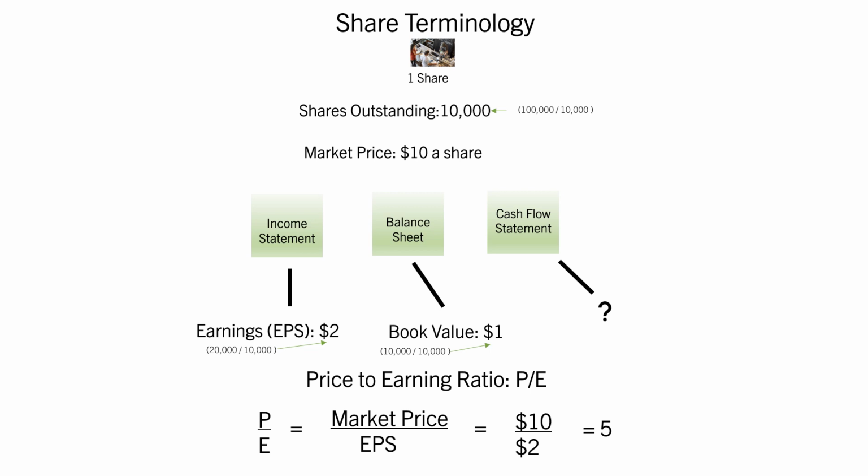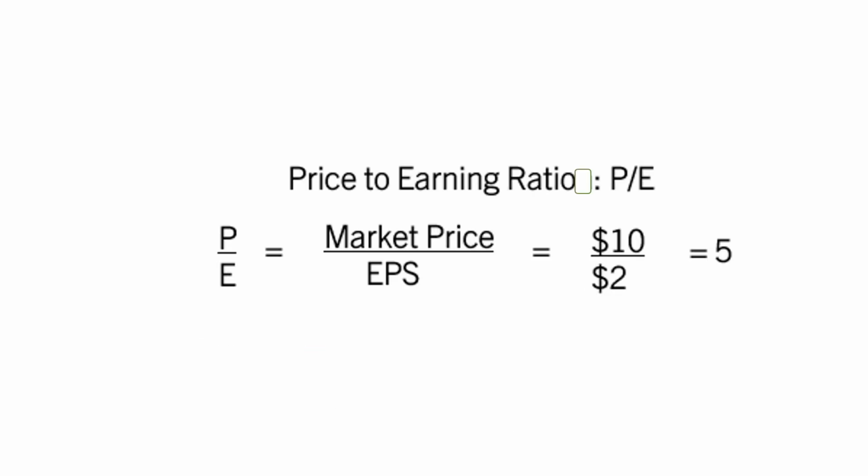So for John's business, if you had one share, we know that the market price is $10, and we divide the $10 by the EPS, the bottom line profit in one year, which is $2. You divide those numbers and you end up with a ratio of 5. There are no units on that; when you divide a dollar by a dollar, you have no units. So the ratio is 5. That would be your PE.